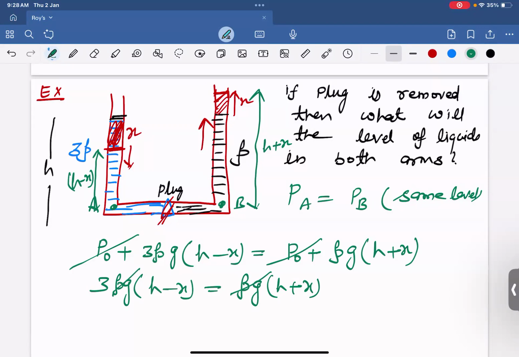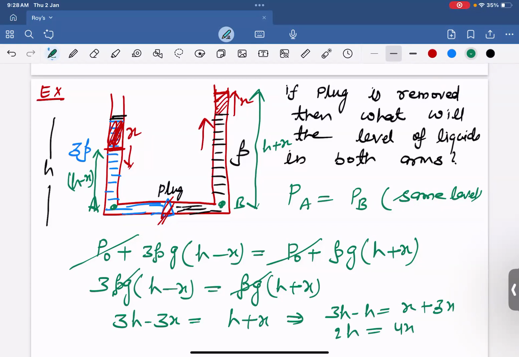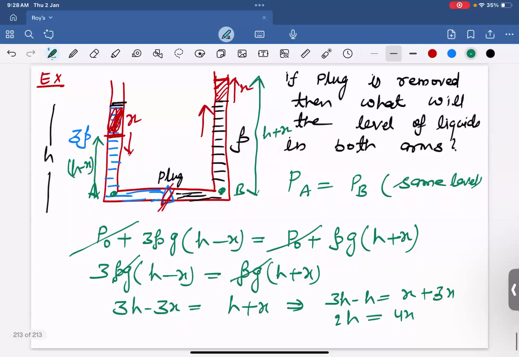Rho g cancels. So 3H minus 3X is equal to H plus X. So I can take 3H minus H is equal to X plus 3X. That means 2H is equal to 4X. It gives X equals 2H by 4, basically H by 2.